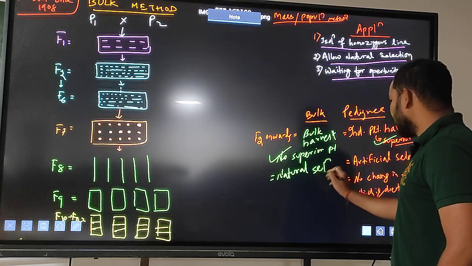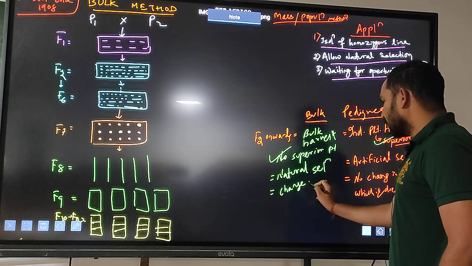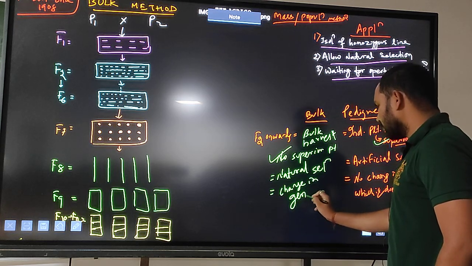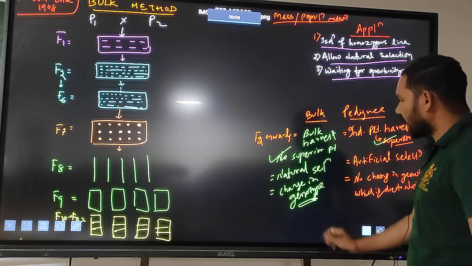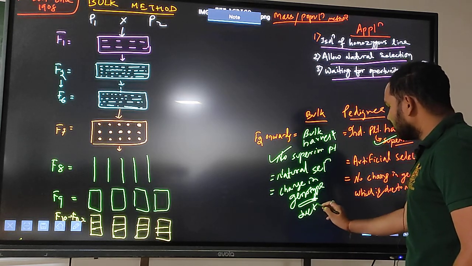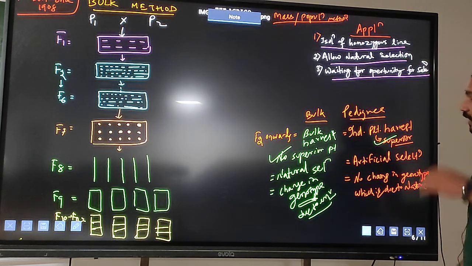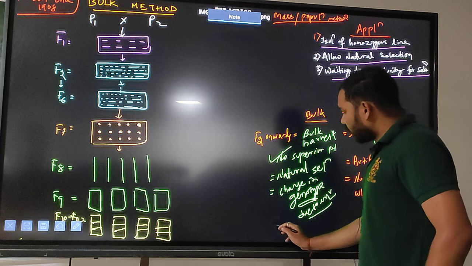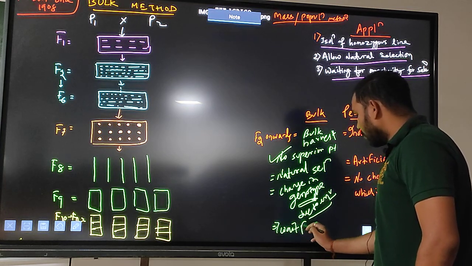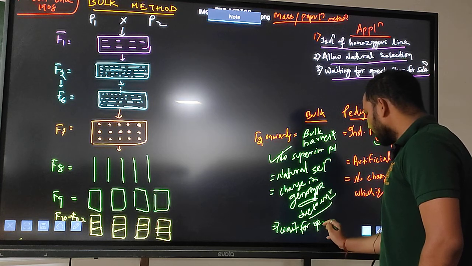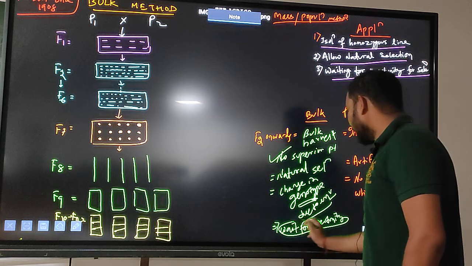Natural selection is there. That means some change in genotype will be there due to the environment. So we have to wait for the opportunity for artificial selection.